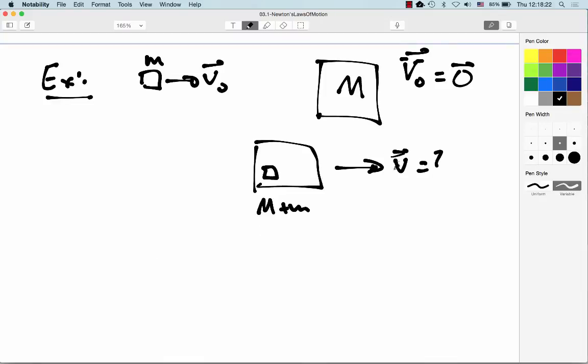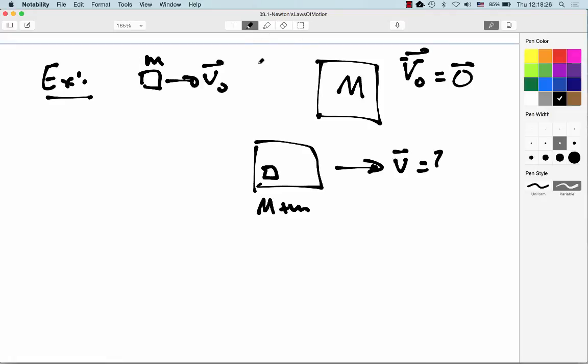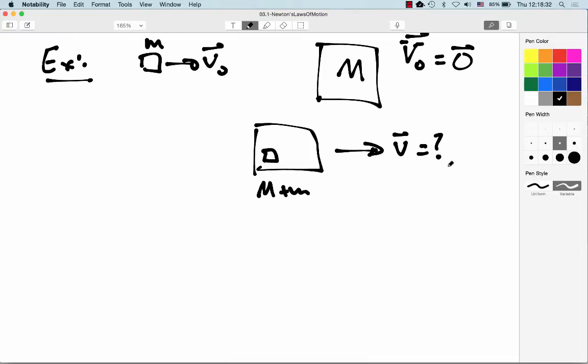Well, this is great. There is no net external force in the system. Because of that, we can demand that the final momentum equal the initial.